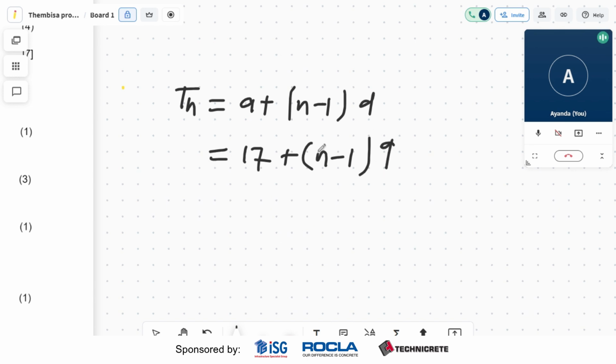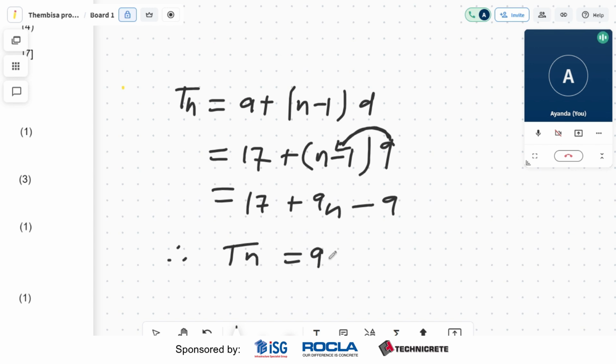Now we're going to multiply our difference into this bracket. So we've got 17 plus 9 times n is 9n. 9 times negative 1 is going to give us minus 9. Therefore, if we simplify this, 17 minus 9 gives us 8. So Tn is equal to 9n plus 8.